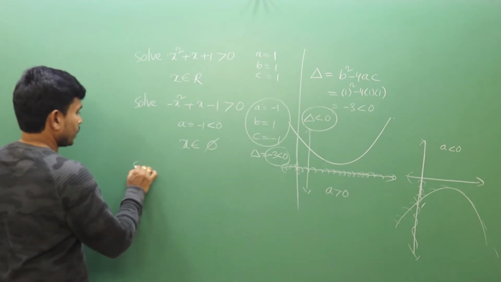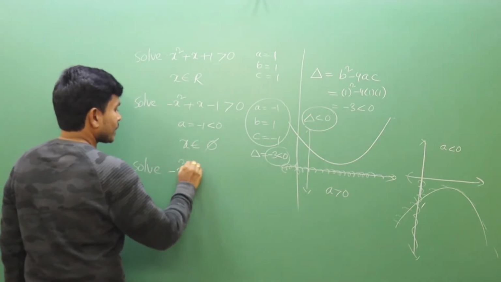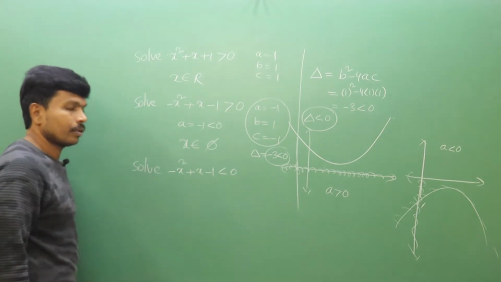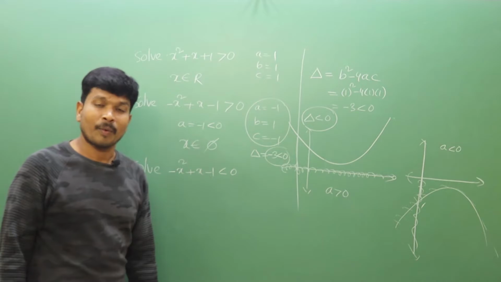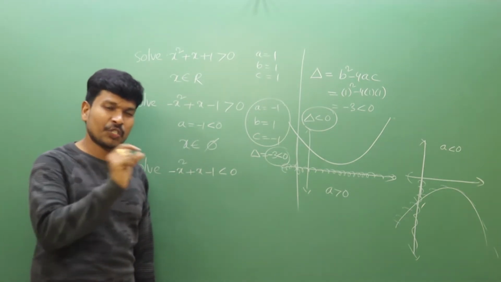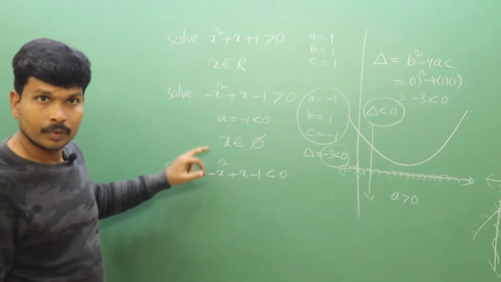Third problem, same expression. Solve minus x square plus x minus 1 less than 0. What is the answer? Just think about it. Same problem.